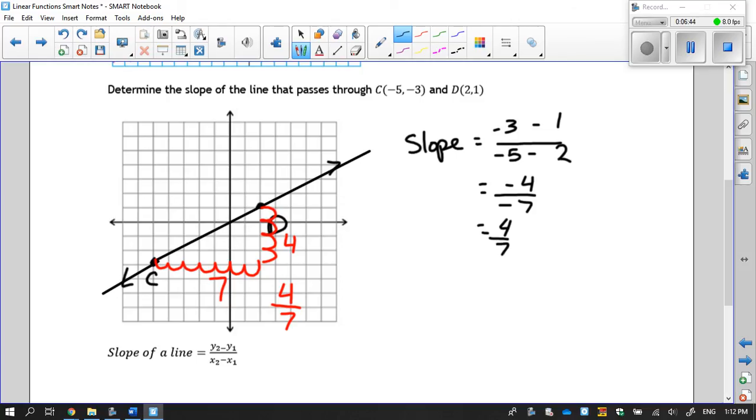So even if you have these in the way that C is first, which it was in this case, this was C and this was D, the negative here will make it positive. And we know because of the graph, slope should be positive.